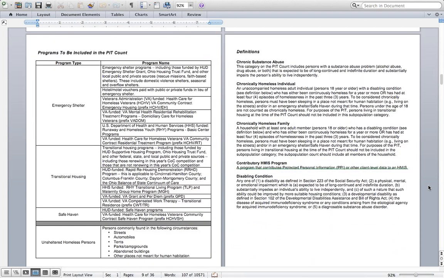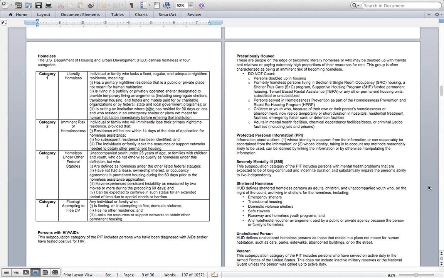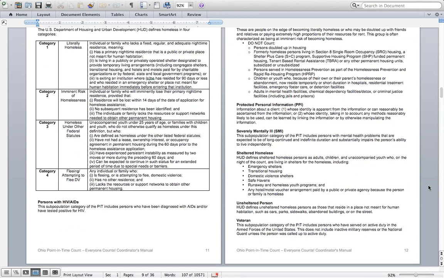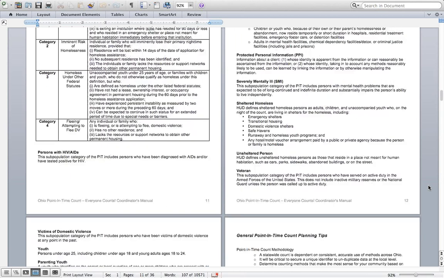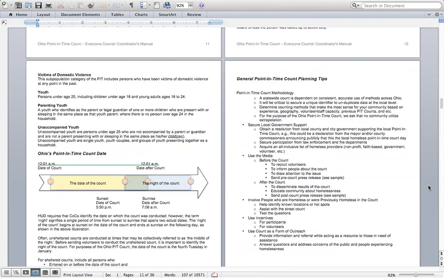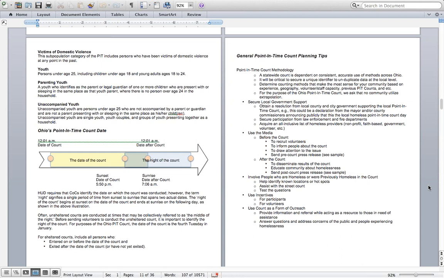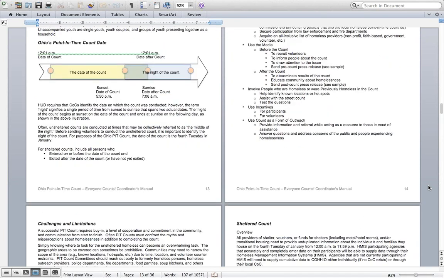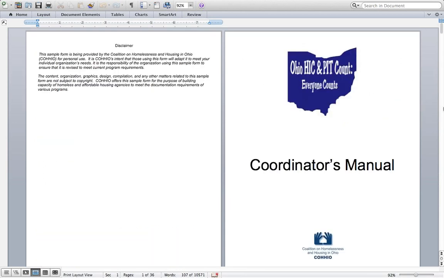We've got more information in there as far as timelines, when things should be planned, gives you some ideas as far as who all should be involved in the count, what a training should look like for your volunteers, if they're doing an unsheltered count, what are some of the specific things that we should be thinking about. So as a coordinator, what kind of information should you be sharing with your volunteers?